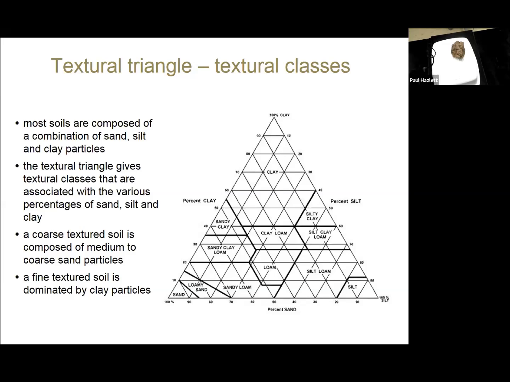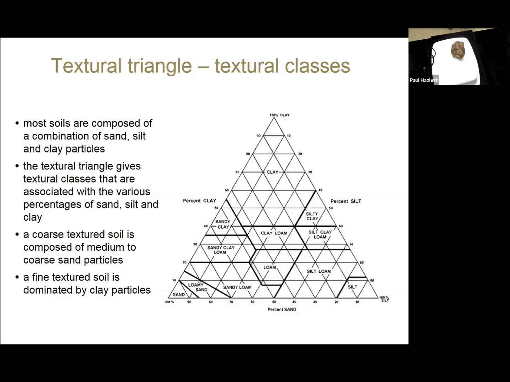One other thing to point out, and I'm going to highlight this a little later in the presentation, is what we have here in the middle of the triangle, which is what we call a loam soil texture. That's the loam textural class. Some of you may have heard of loam. Often I ask students and they say, oh yeah, my grandfather said to me he's getting a load of loam for the garden, or a load of loam to put on the front lawn.